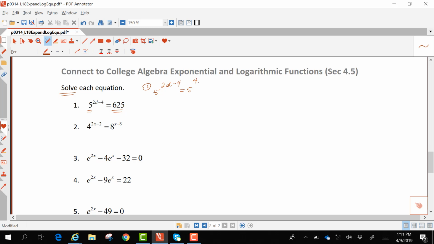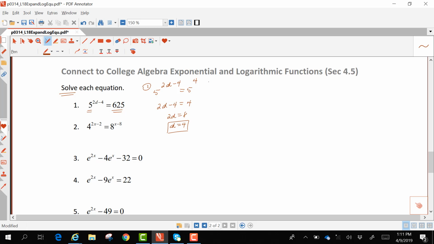Now that I have common bases, there is a property that permits me to set the exponents equal, kind of dropping the base. So I have just a 2d minus 4 equaling 4. Now I solve this very quickly by adding 4 to each side and dividing by 2, and I have a solution. This is why we were practicing common bases, because it works out beautifully for these solving situations.